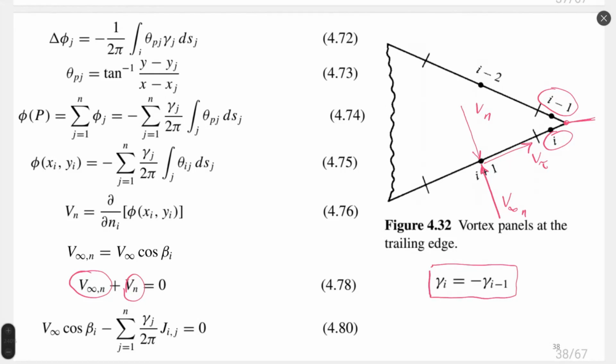First, compensation of velocity. Velocity from infinite direction is related to the inclination of the body with respect to flow direction. This is shown in the equation without number, which I just marked with a rectangle. It says that the normal component of velocity at any panel would be equal to the infinite velocity, which is constant, multiplied by cosine of beta i.